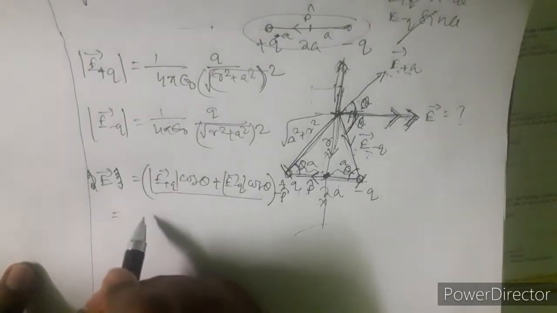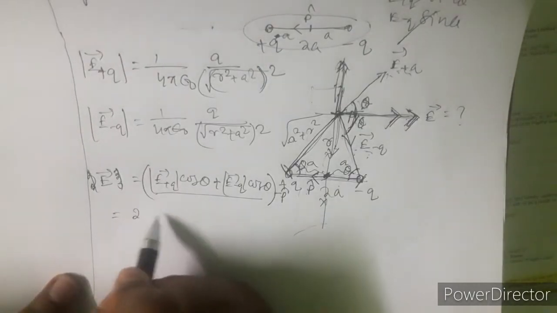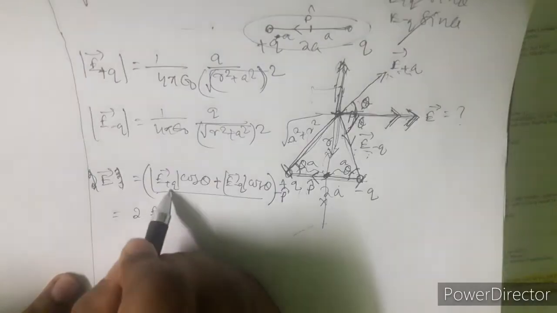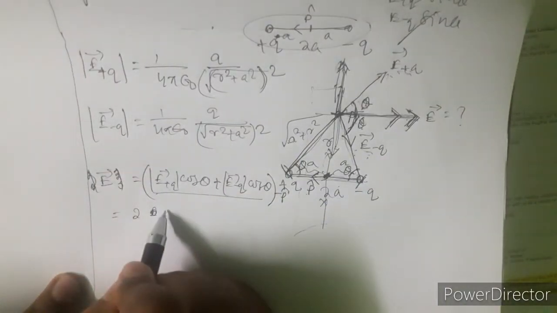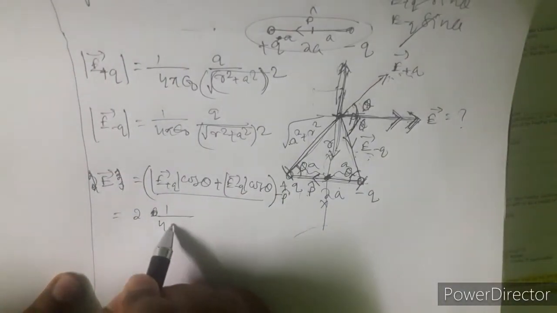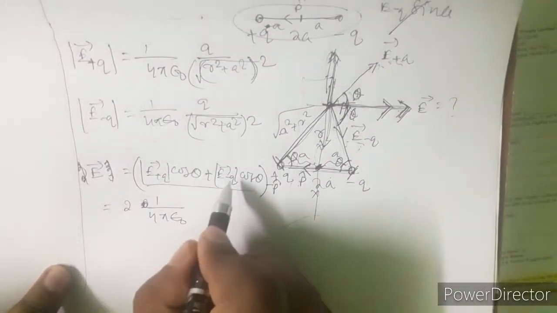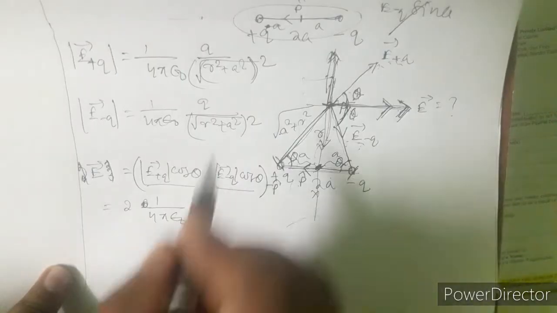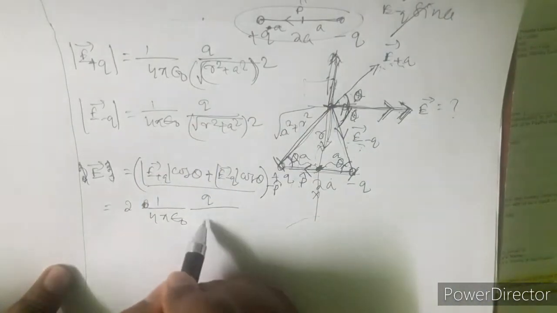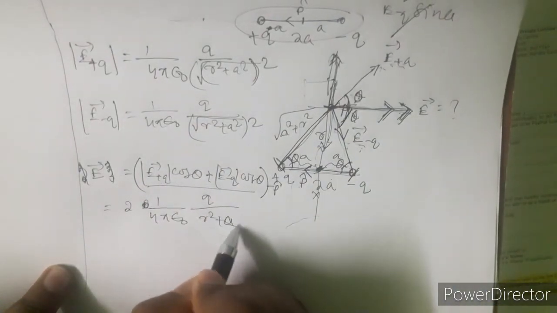Okay, so now both are equal, so you can write 2 times E plus Q. What is the value of E plus Q? Let us write it: 1 by 4 pi epsilon naught, q by r square plus a square.